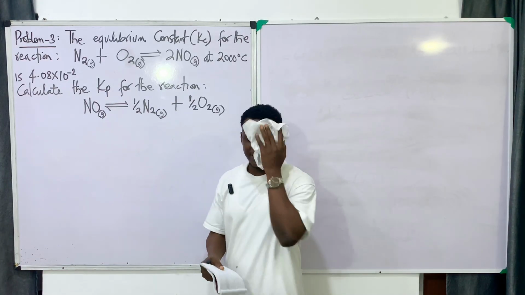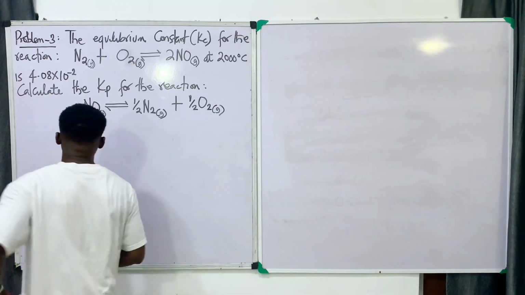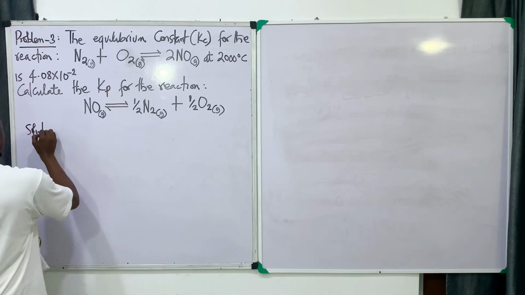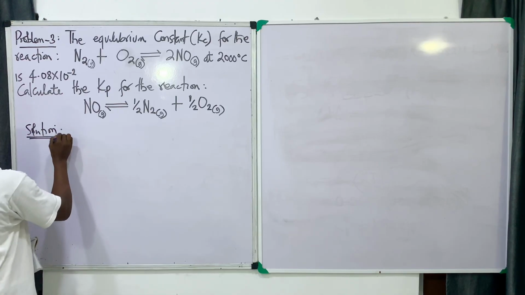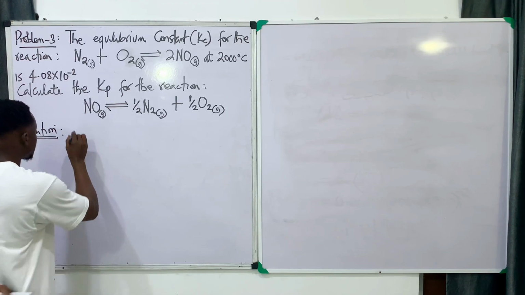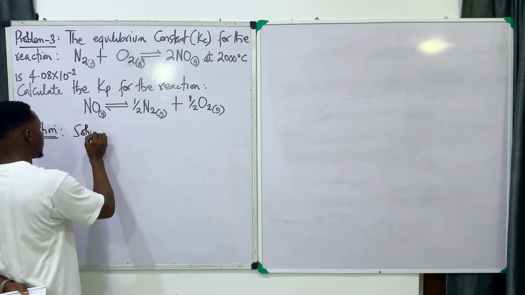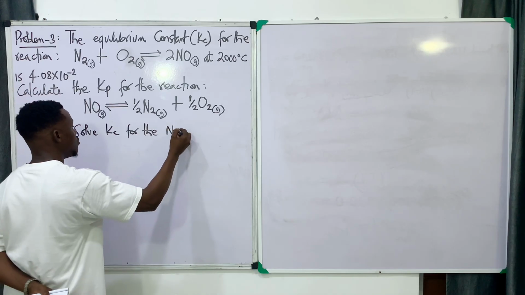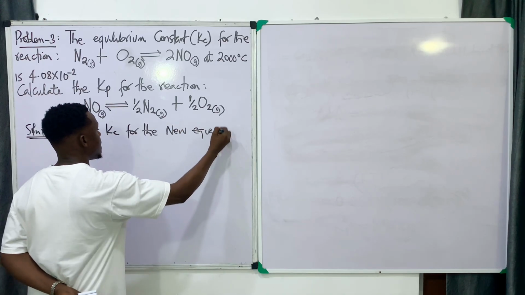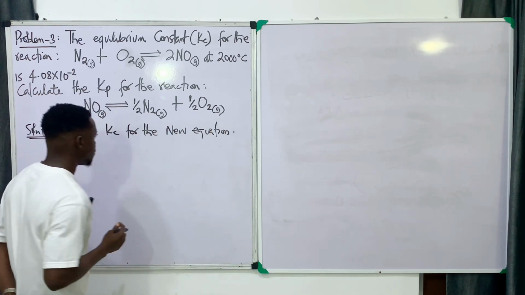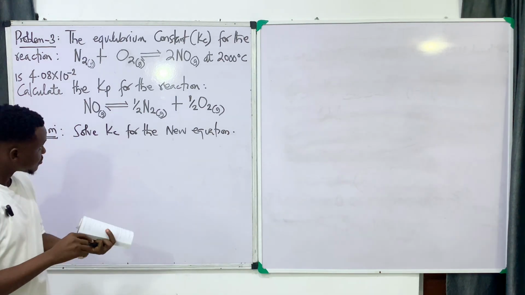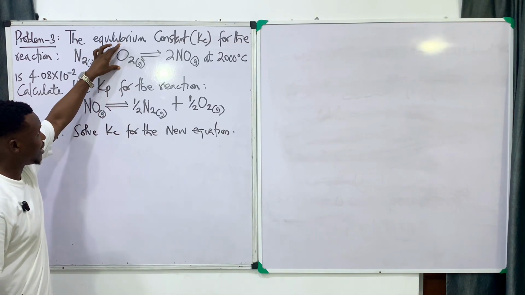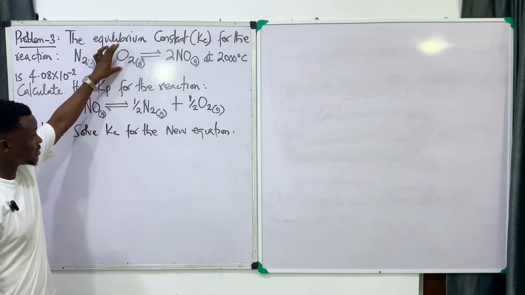So let's proceed. So I'll say first, solution: first, solve Kc for the new equation or reaction. Class, if you look up, the equation that we are asked to find the Kp for is not the same as the one we are given the Kc for.